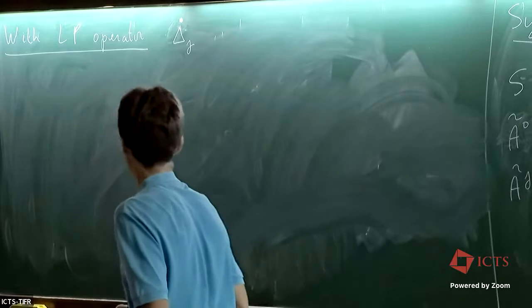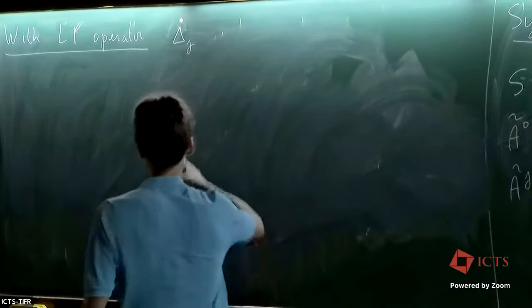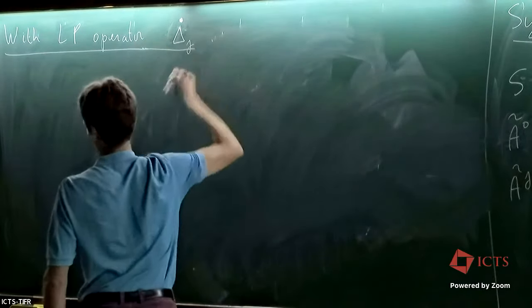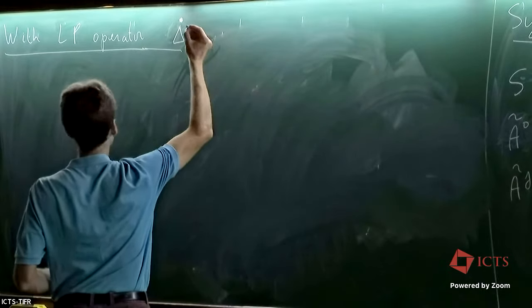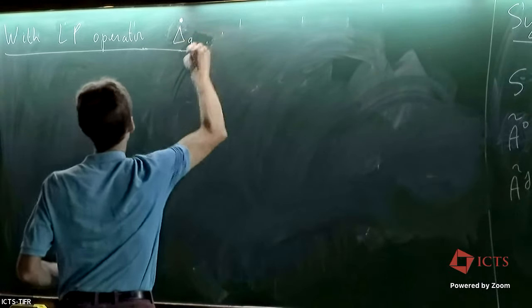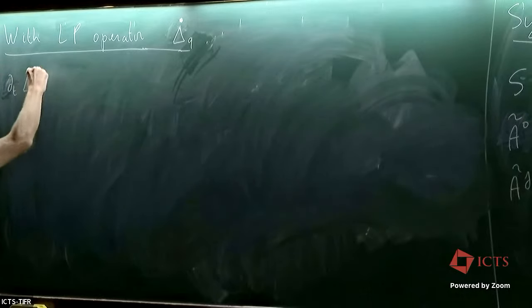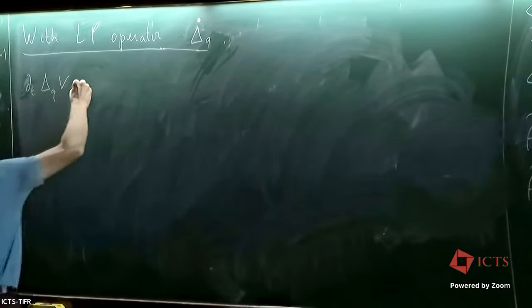But anyway, I don't want to define a new notation, so I will keep this one. No, I will not use J because J is already for derivative, so I need the letter Q. So I apply delta Q to the equation. The first step is exactly the same. Only the name of the operator has changed.